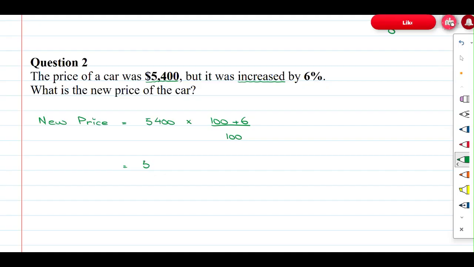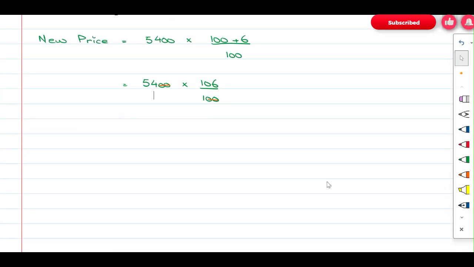So that is 5400 multiply 106 over 100. Okay, the two zeros cancel with these two zeros, so we are just left with 54 multiply 106.